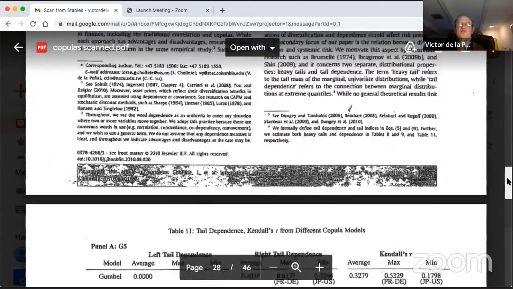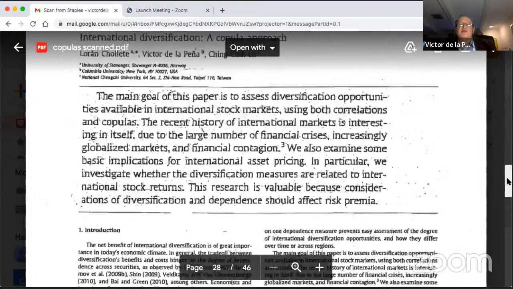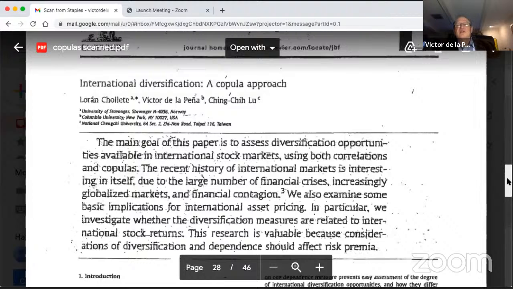What we did is we studied the movement of assets, the asset diversification opportunities available in international stock markets. So we were looking for opportunities for diversification, and we did this with correlations and with copulas.